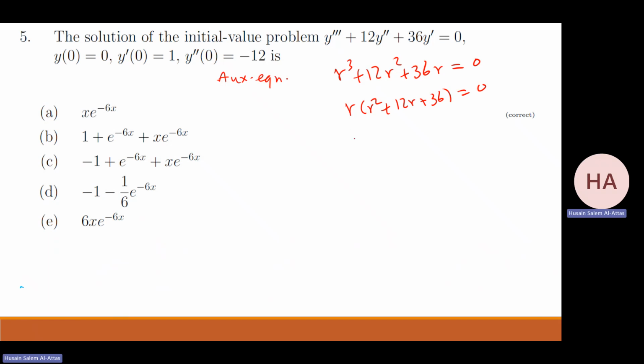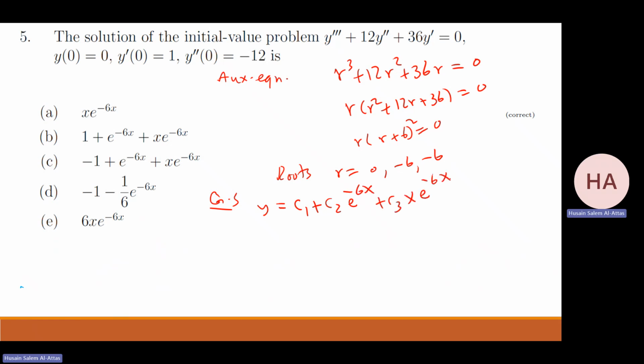This is r, and this is r plus 6 all squared equals 0. So the roots are 0, minus 6, minus 6. So what will be the general solution? y will be C1 plus C2 e to the minus 6x plus C3 x e to the minus 6x.